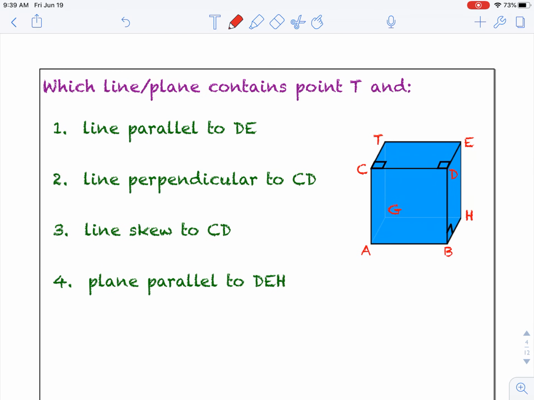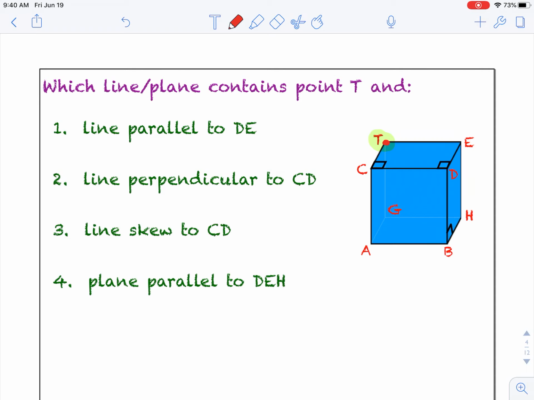Okay, so let's try to use that information to pick out some information and figure out from this diagram some of these things we just talked about. So, which line or plane contains point T and would be a line parallel to DE?